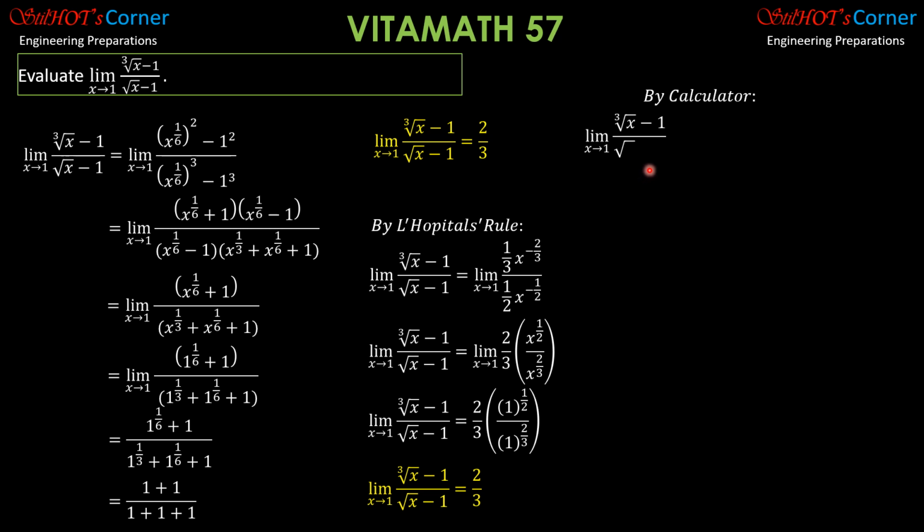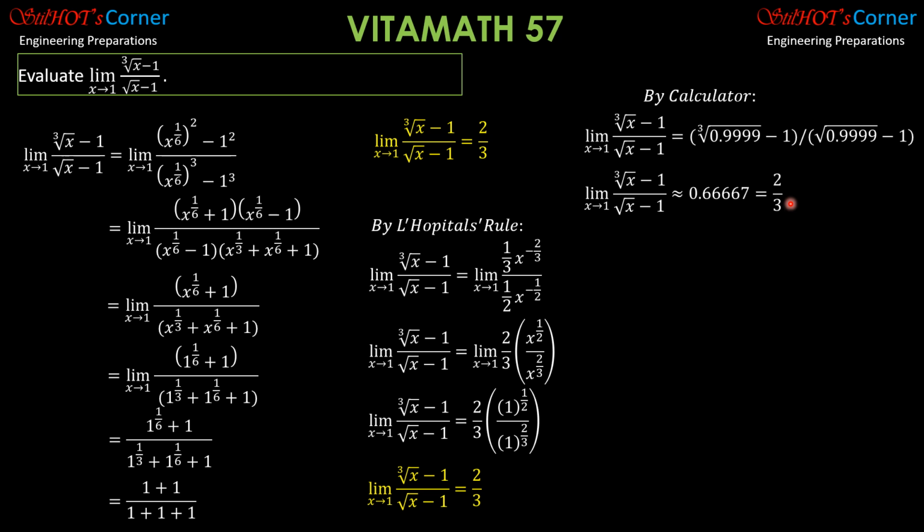So the cube root of 0.9999 minus 1 over the square root of 0.9999 minus 1. Using the calculator, the value in decimal form is 0.66667, or approximately 2/3.